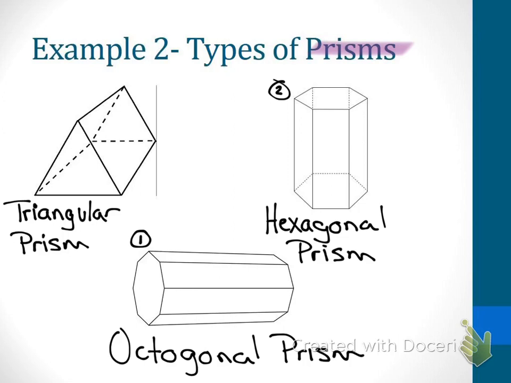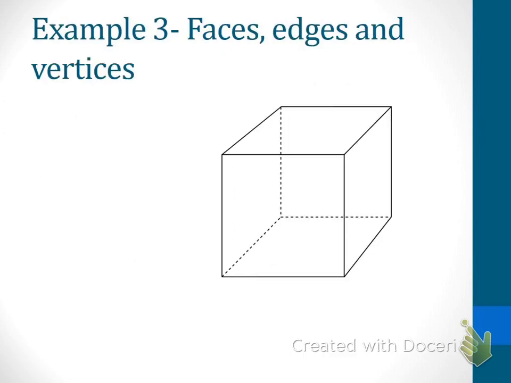All right, now let's look at example 3. In example 3, we're looking at faces, edges, and vertices. What does that mean? A face is a side. So here, let's just kind of highlight it. This is a face, the front side.